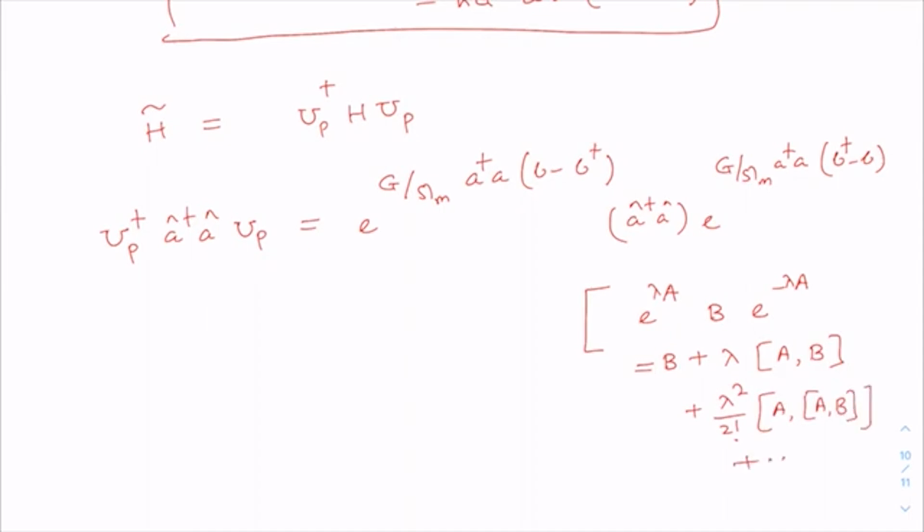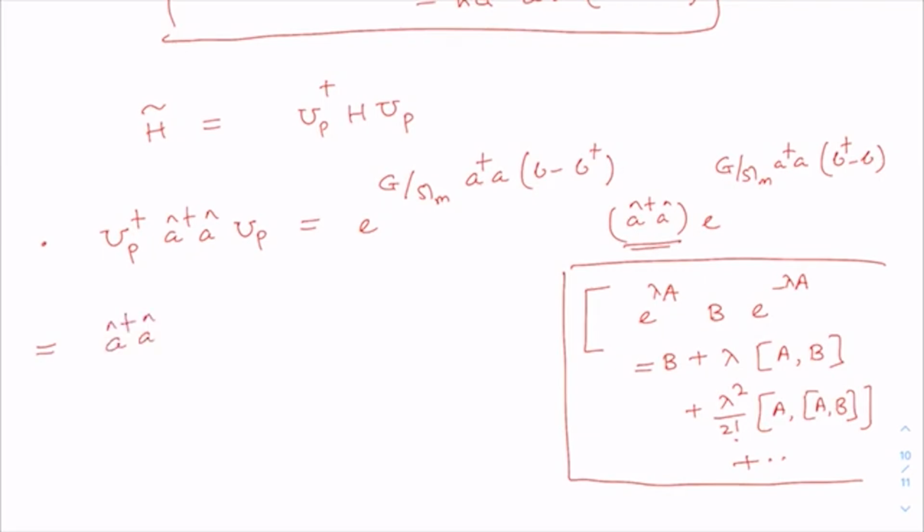If we apply this formula here, our B is this whole operator a†a, then the second term, taking the lambda parameter as z/Ω_m, with operator A being a†a (b minus b†), and here I have a†a, and then we'll have the other terms.